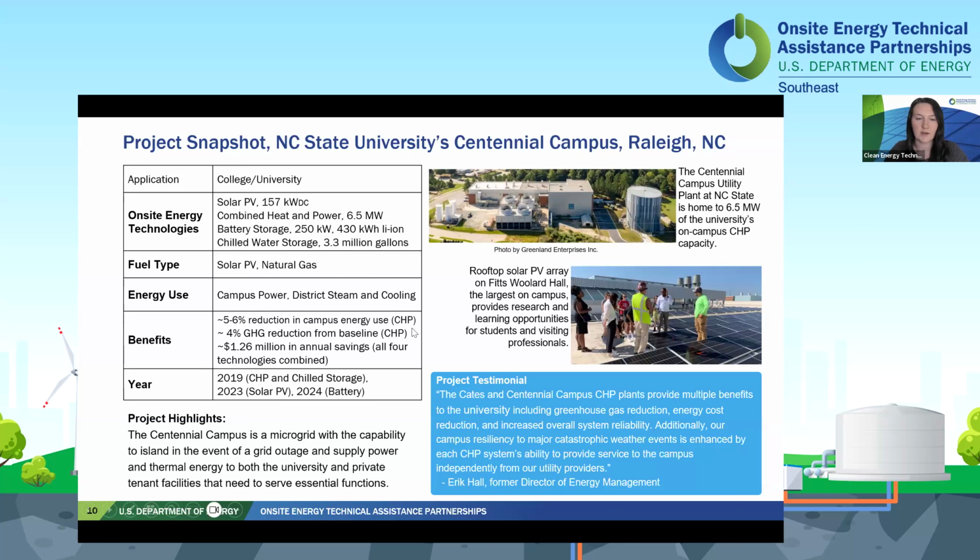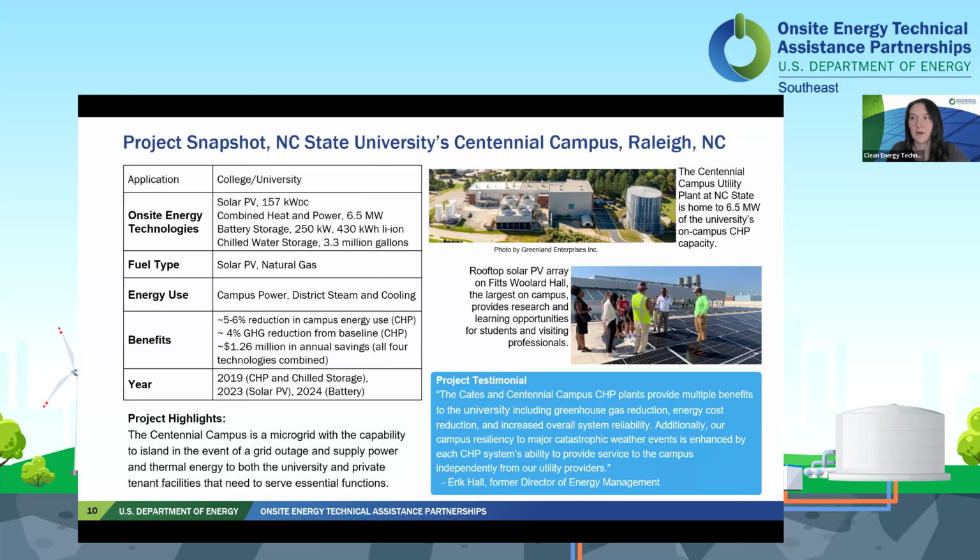Together, those have reduced the greenhouse gas emissions by 12%. This system is a little smaller, but still contributes for the campus. And combined for all of these four systems, the university saves about $1.26 million annually.